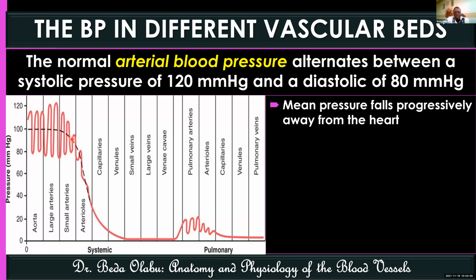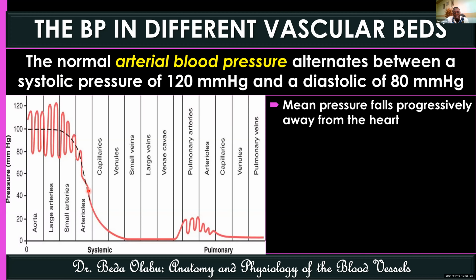Now, as the blood moves away from the heart, we can see that the pressure falls progressively. There's a progressive decline in the blood pressure as we move away from the heart. Look at what we see in the arterioles.